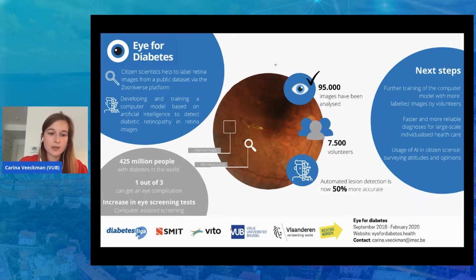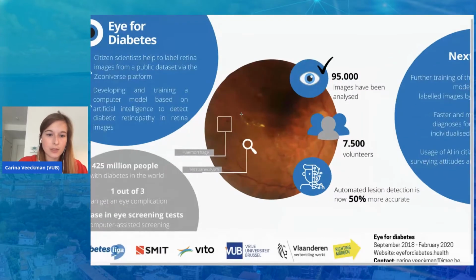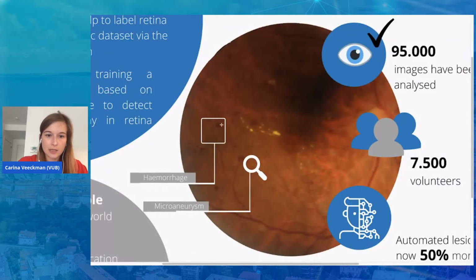Of course, this causes an increase in the number of retina images that medical professionals need to screen, and this is a very labor-intensive task for them. They are doing this manually, and as you can see on the poster, they have to look for damages in the eye, such as here.